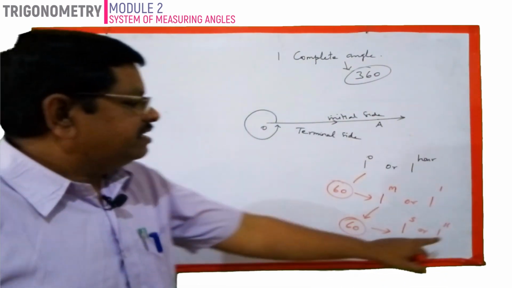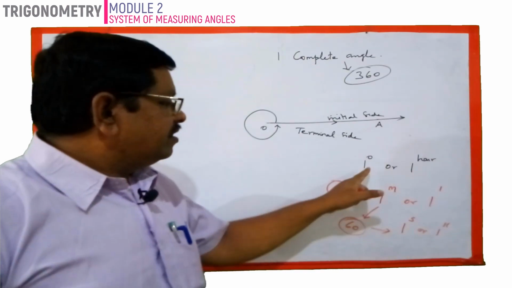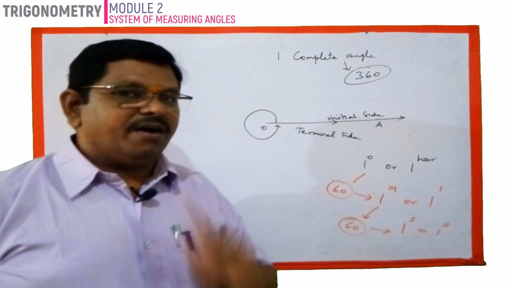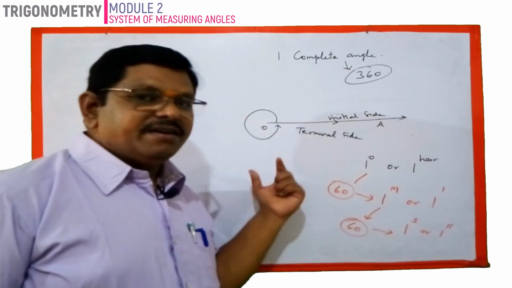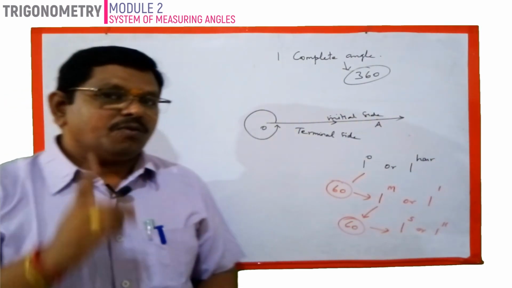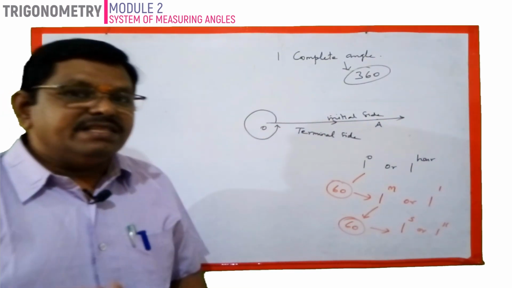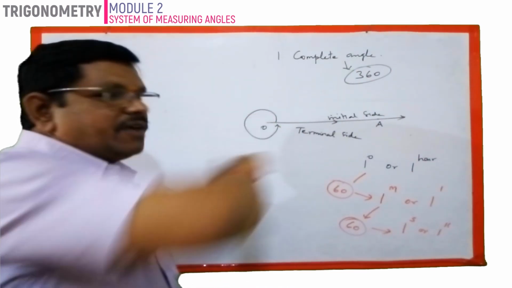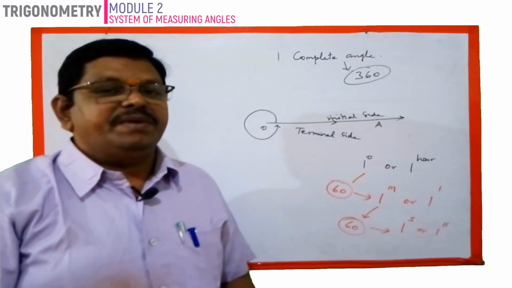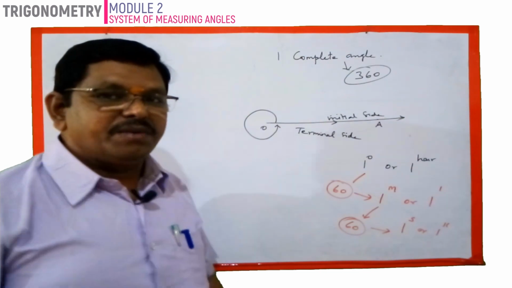Here double dash denotes seconds, single dash denotes minutes, circle denotes hour or degree. So again I repeat it. One complete rotation made by the ray in the anti-clockwise direction or clockwise direction, whatever it may be, is called one complete angle.